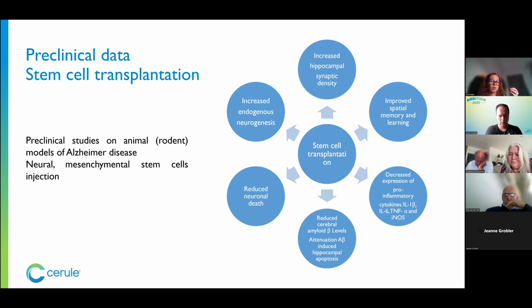This attenuation of beta amyloid level will also attenuate hippocampal apoptosis. Stem cells, as we know, can differentiate into fully functional neurons, which explains the regenerative process, the increased endogenous neurogenesis, and the reduction of neuronal death.